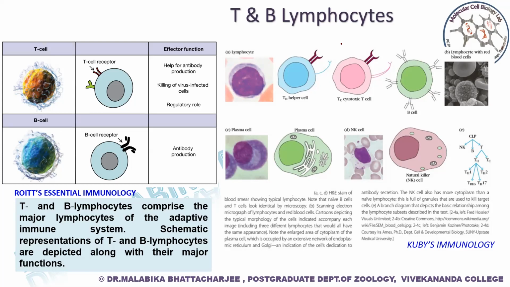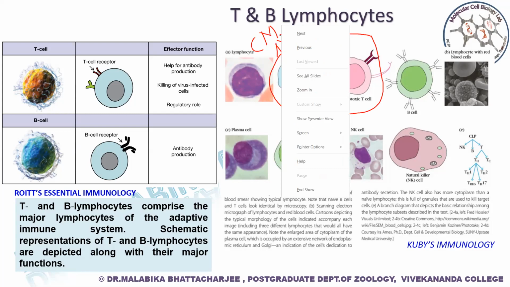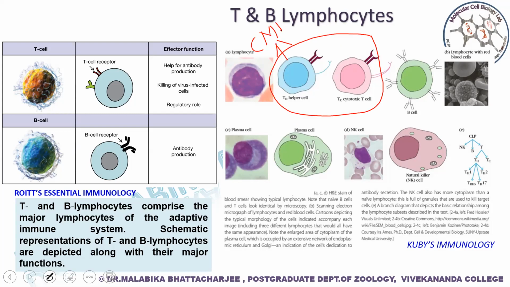When we are talking about the adaptive immunity, as I said last day, we talked about the T and the B lymphocytes. Among the adaptive immunity, the T lymphocytes comprise the cell-mediated immunity. And the B lymphocytes comprise the humoral immunity.